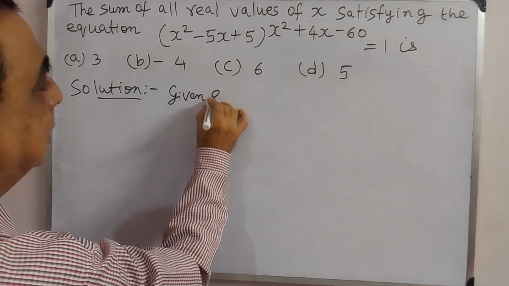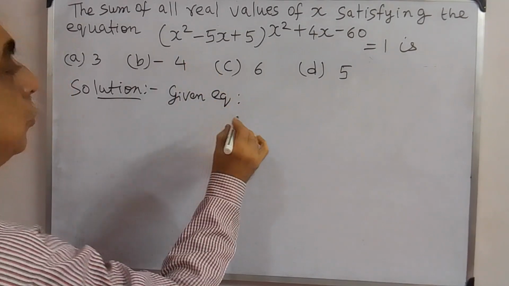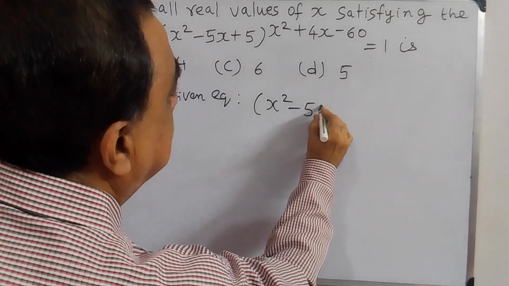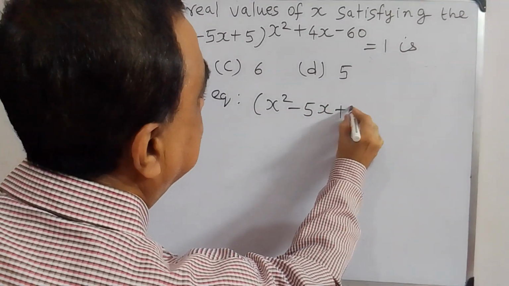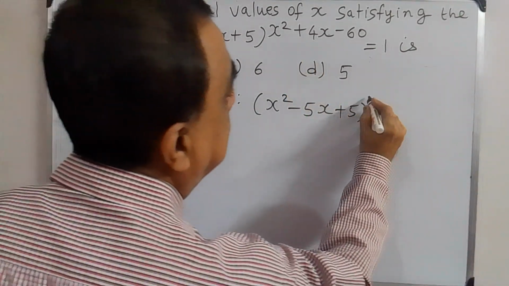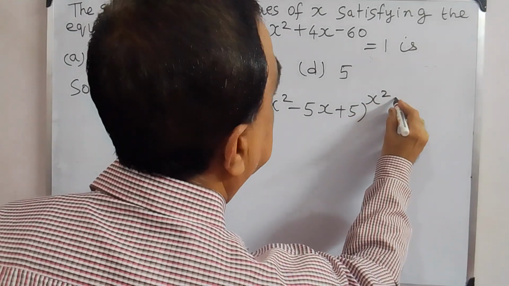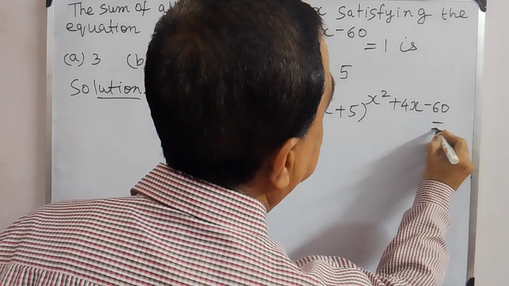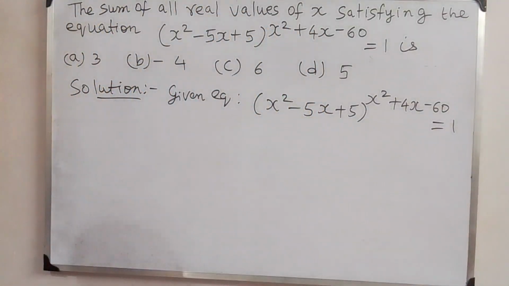Now see here, the given equation is what? The given equation given to us is (x squared minus 5x plus 5) to the power (x squared plus 4x minus 60) equals 1.